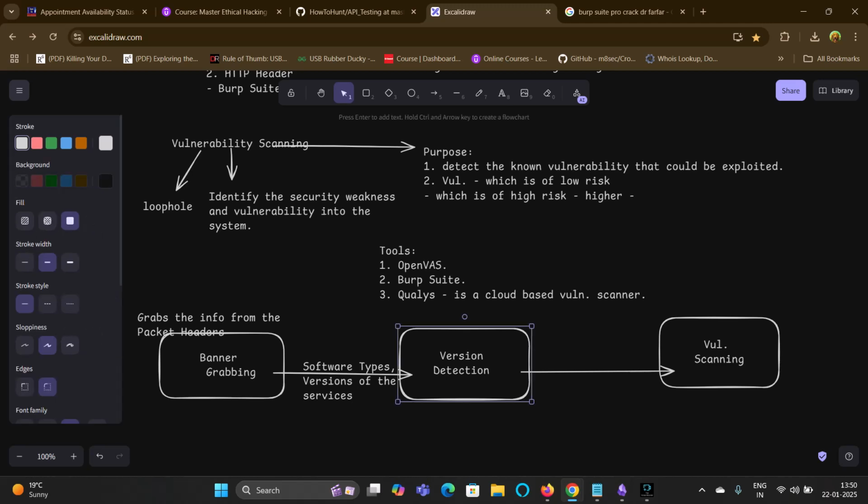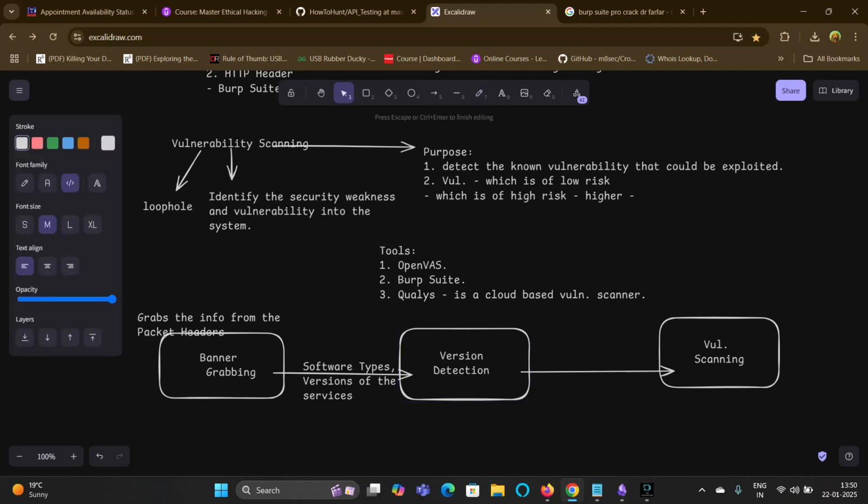So when we detect the version from nmap or any of the tools that we have discussed, version detection confirms the information that is grabbed using banner grabbing, right?